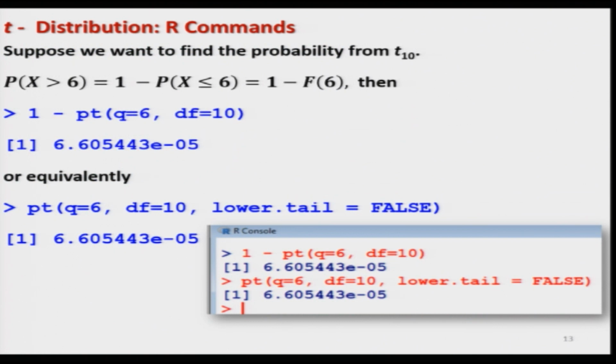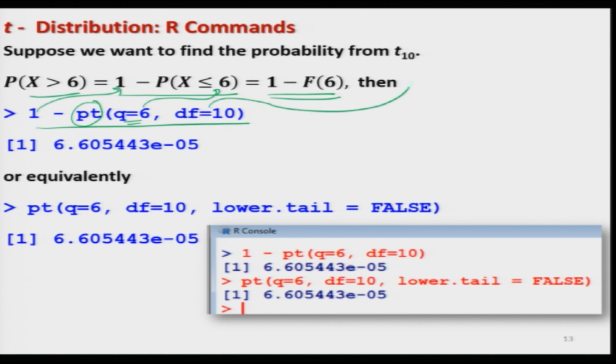Similarly, if I want to compute, in the same distribution, the probability that X is greater than 6, this is 1 minus the probability that X is less than or equal to 6, which is 1 minus F(6). It can be obtained in the same way as earlier: 1 minus the CDF at x equal to 6, specified by pt with q equal to 6 and the degrees of freedom from the specification of the distribution.